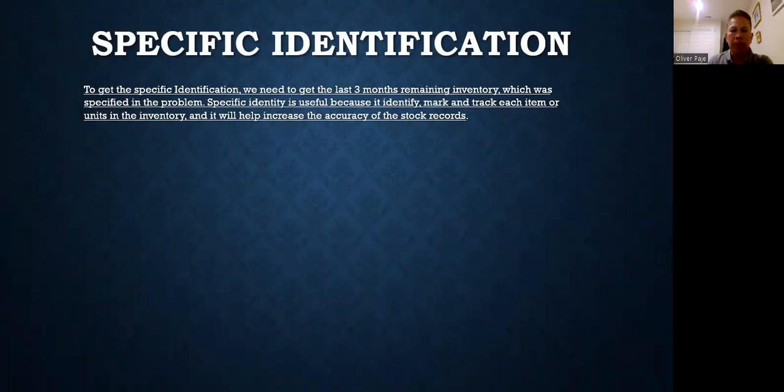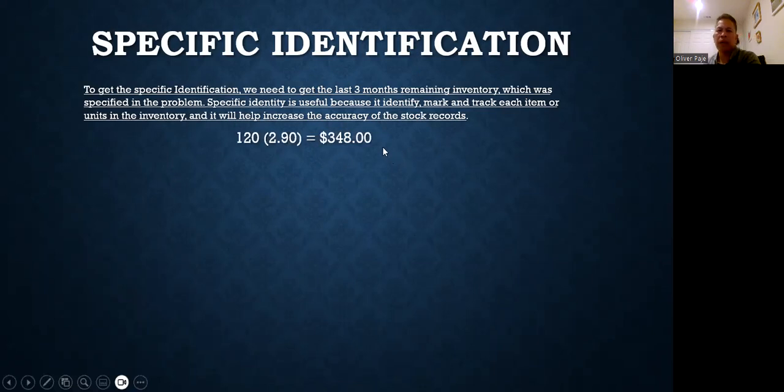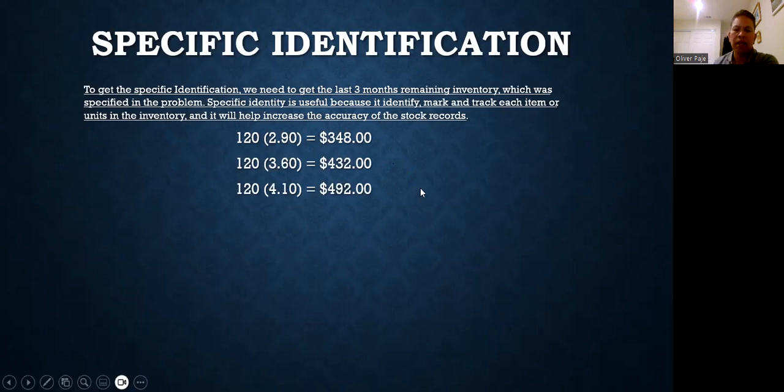To get the specific identification, you have to get the last three purchases. The remaining inventory is 120 for each of the last 3.